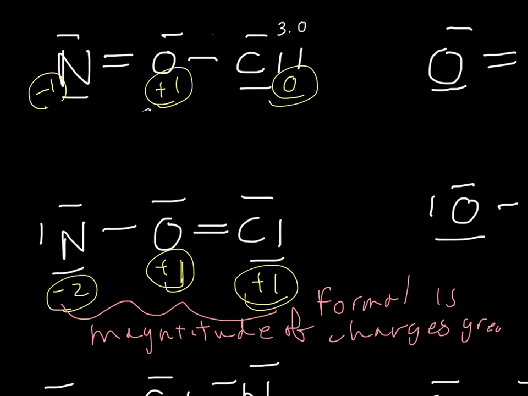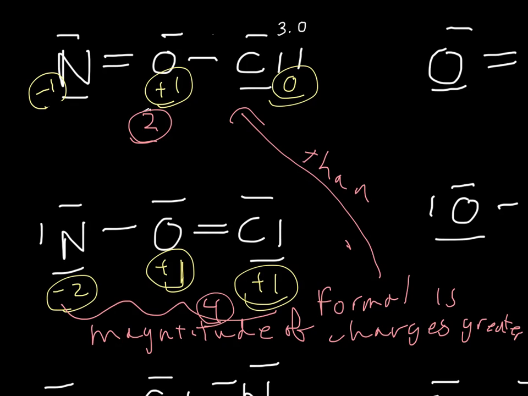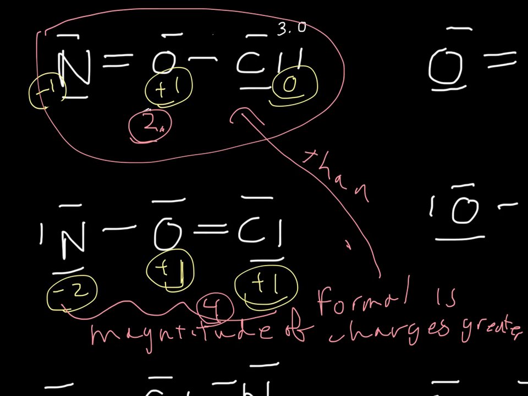The magnitude of formal charge for this structure is greater than that structure. And we want to minimize the formal charges, since if we added the absolute values of these formal charges up here, we'd get 4. We added the absolute value of the formal charges up here, we'd get 2. 4 is greater than 2. So this actually decreases the magnitude of the formal charges.